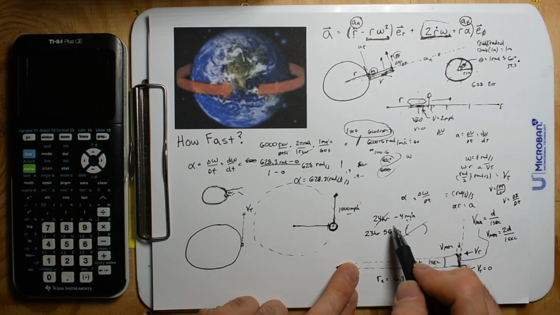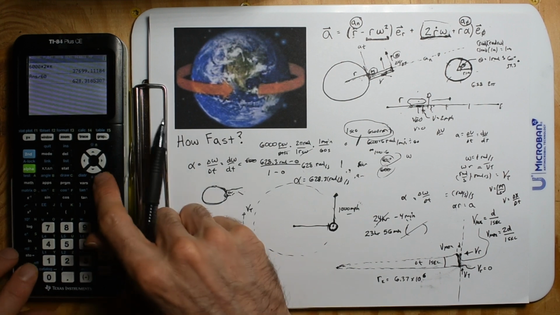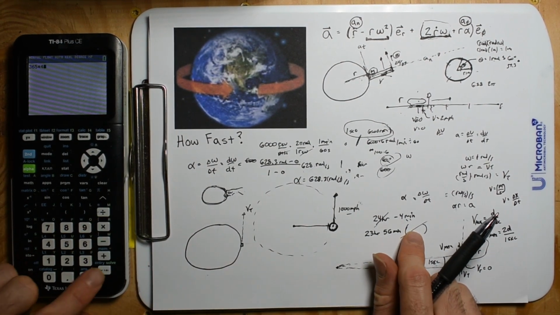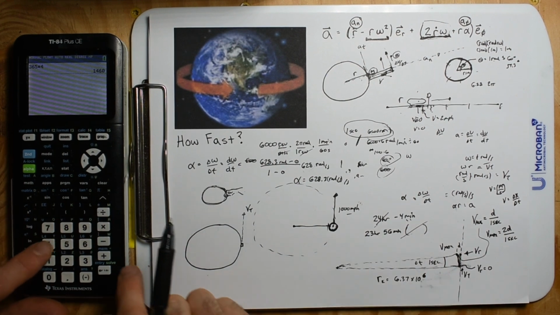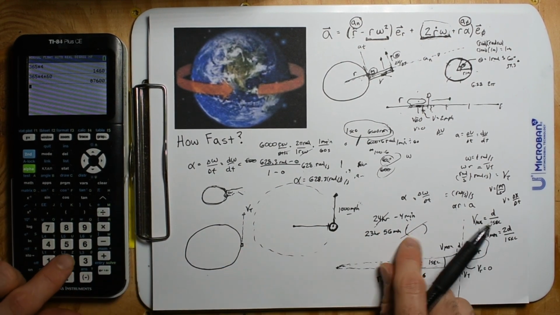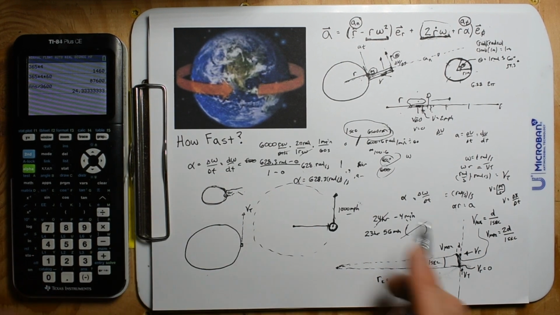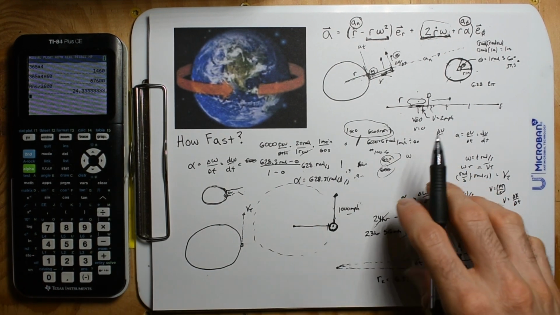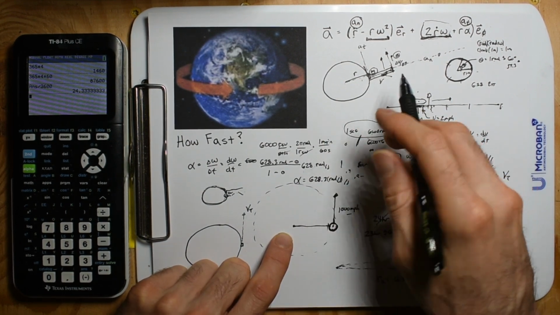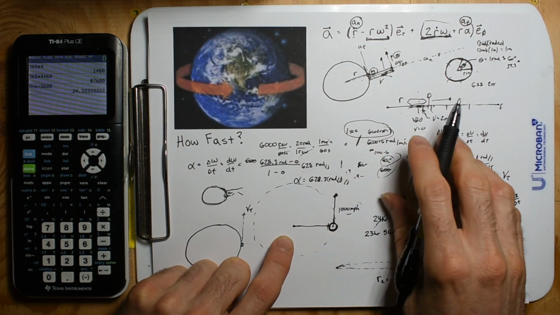But we do know that one day is 4 minutes less. Because if we have 365 days, and each day is 4 minutes less, we're going to have 365 times 4 times 60, divided by 3,600, and that's going to be 24 hours. So that just says the Earth actually rotates 366 times in 1 year.